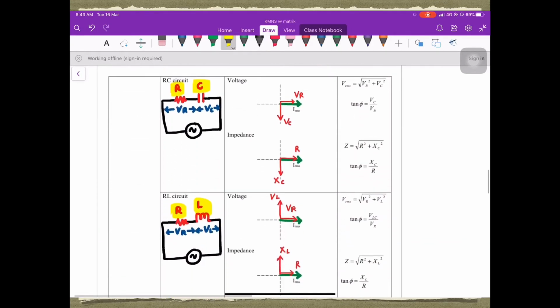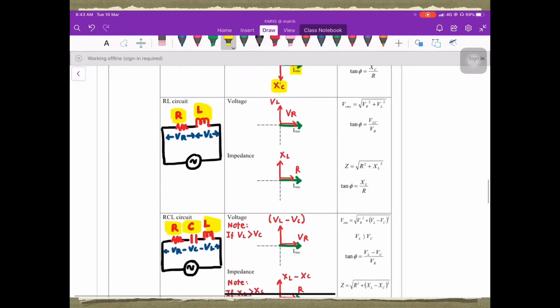Next, for the RC circuit, this is VR with arrow, this is VC with arrow. And then for the impedance, this is resistor, this is capacitive reactance with IRMS.